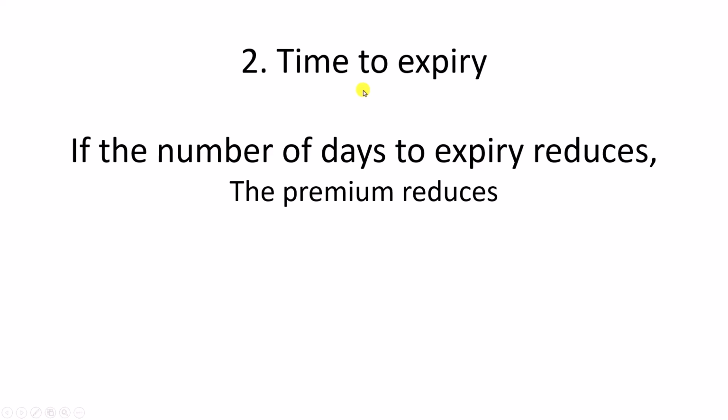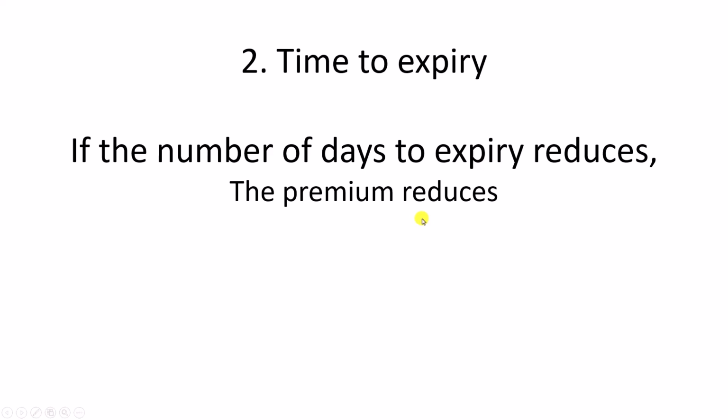Next, time to the expiry. You know that time plays a major role in the price of the premium. So, if the number of days to the expiry reduces, then the premium reduces. The premium reduces of which one? Call option or put option? Of both.